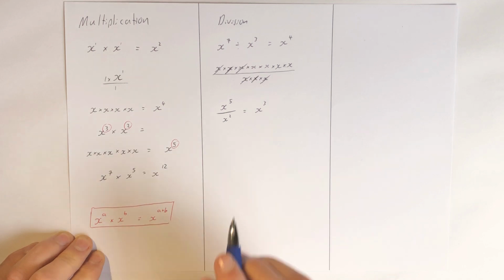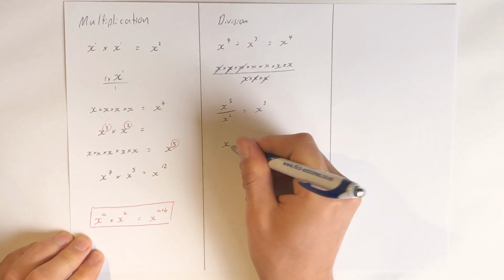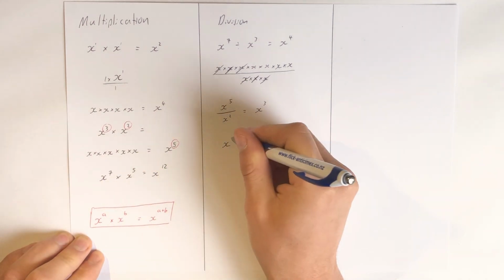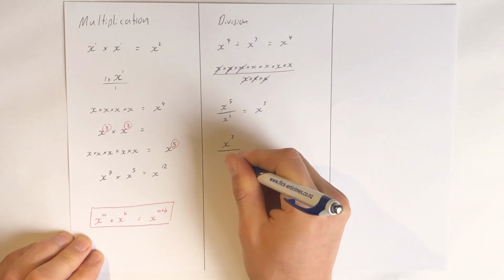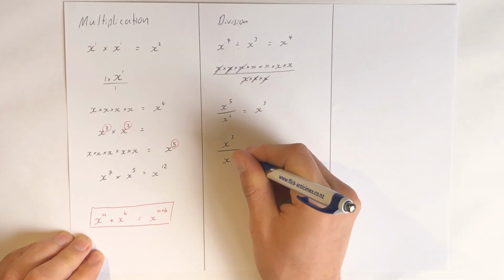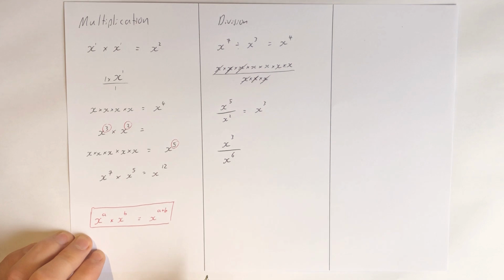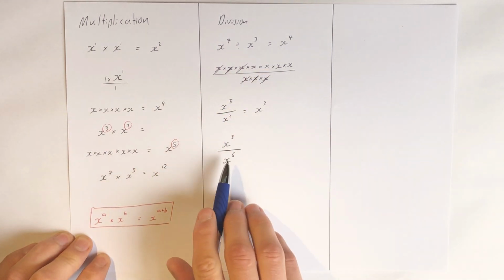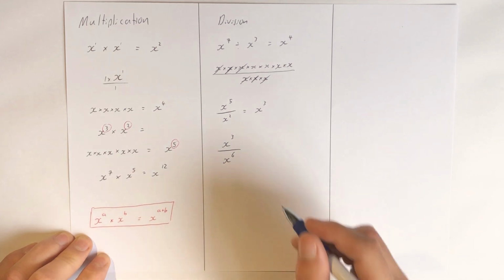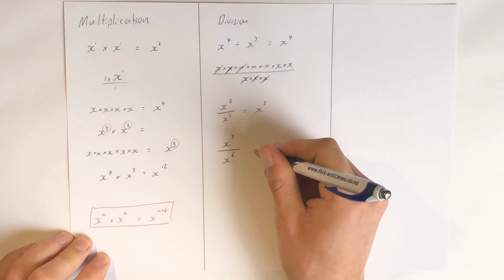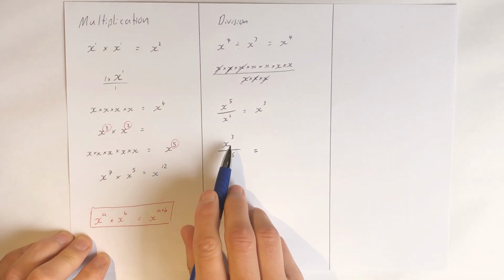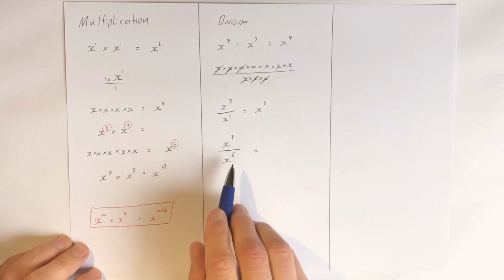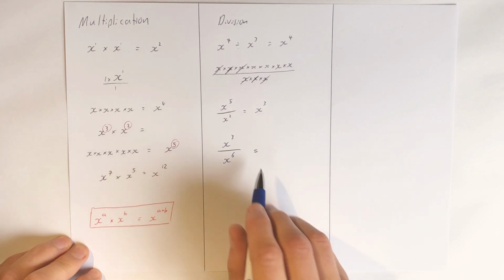Something that can be quite tricky though is when I have this around the other way. If I have x cubed on top and I have x, I don't know, to the 6 on the bottom, well, now things get a bit complicated because now I'll have more x's along the bottom and less on top. So what I tend to do is, if I cancel down x's, I'm going to have more on the bottom.